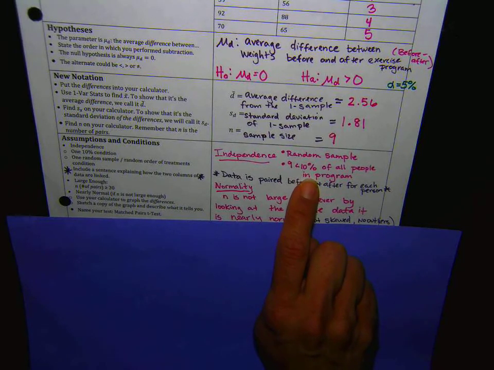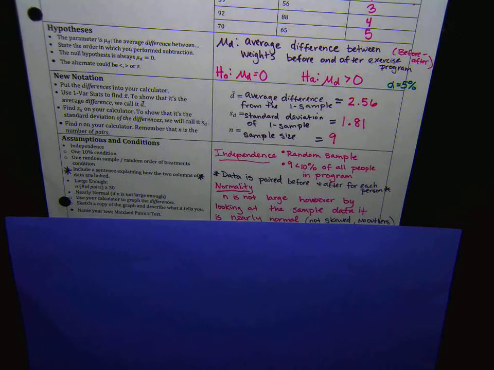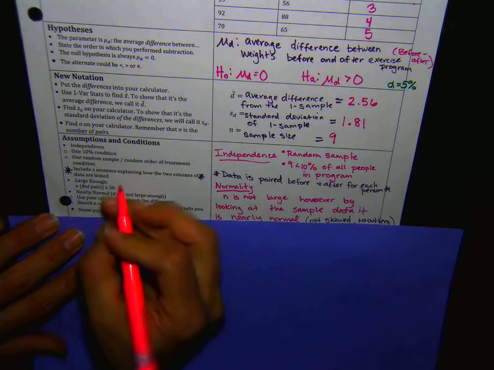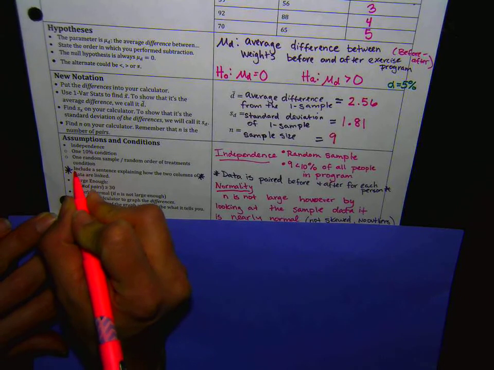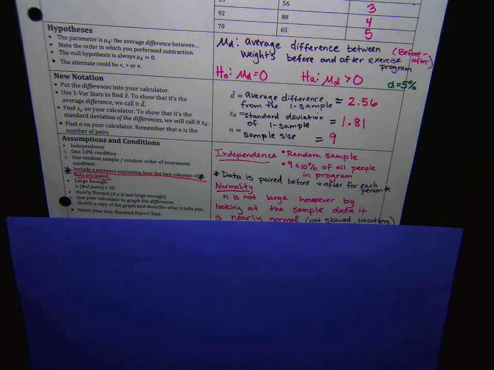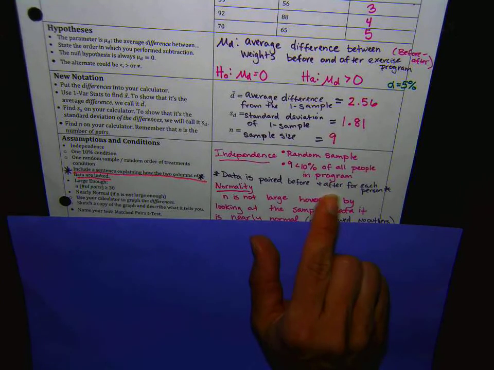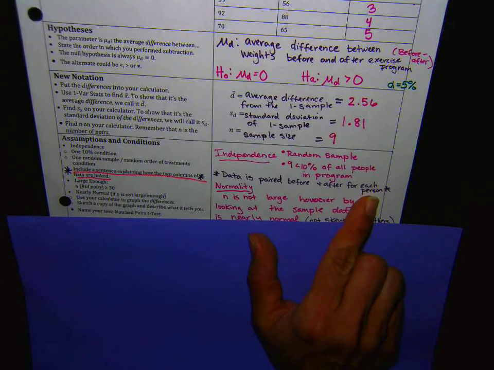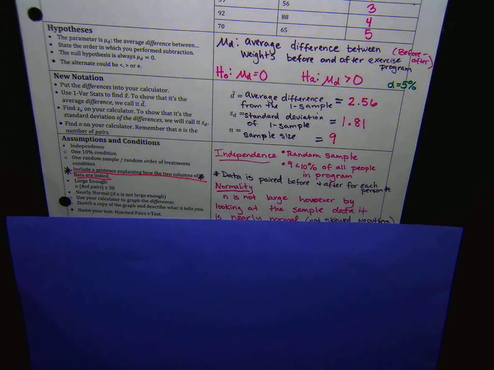And then there's one extra thing that you have to add with matched pairs. This is new. This is different than any other. You have to include a sentence of how the 2 columns are linked. How is it that we're getting this paired data? The data is paired before and after for each person. You have to state that in there, that the before and the after is the same person, the same experimental unit.